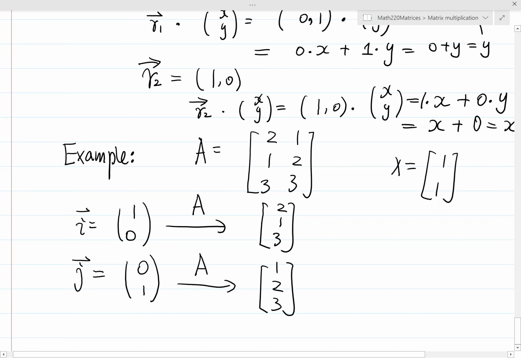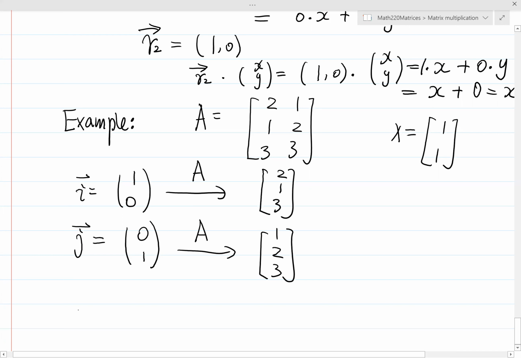1, 2, 3. Now here X is 1, 1. You can write it as 1, 0 plus 0, 1.